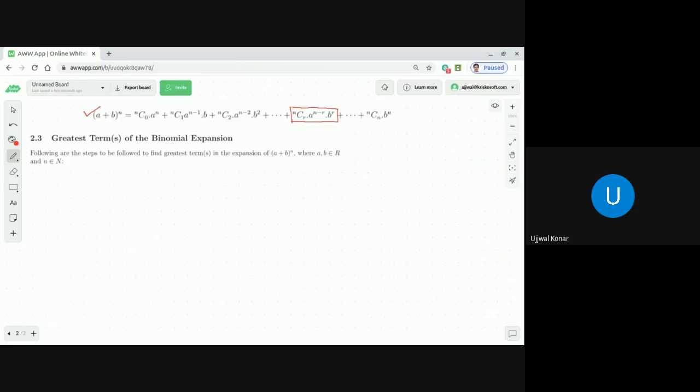It depends on several factors. It depends on the value of n, it depends on the value of a, and it depends on the value of b as well, isn't it, dear students? Because greatest term means a and b are also involved. Correct? So how to find that one? How to find the greatest terms?